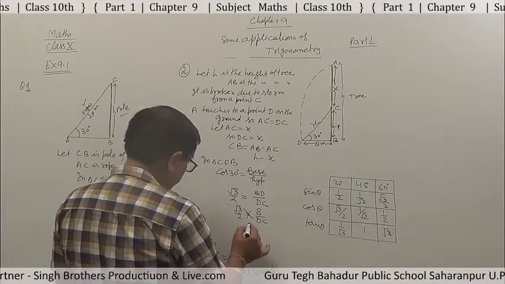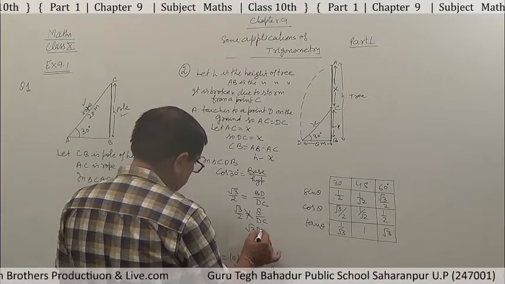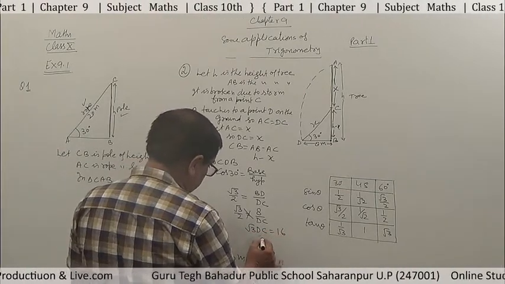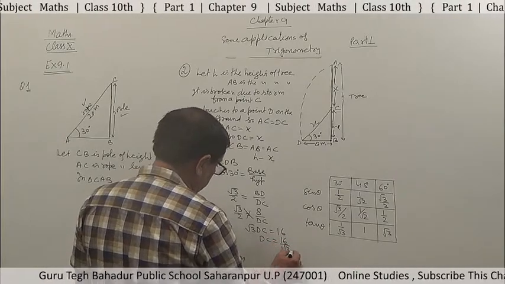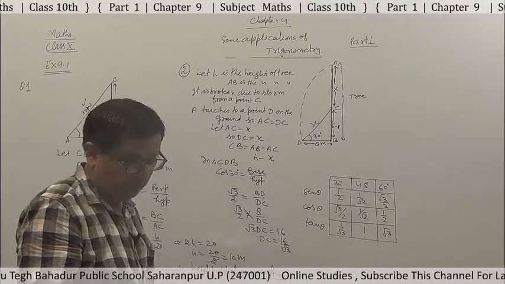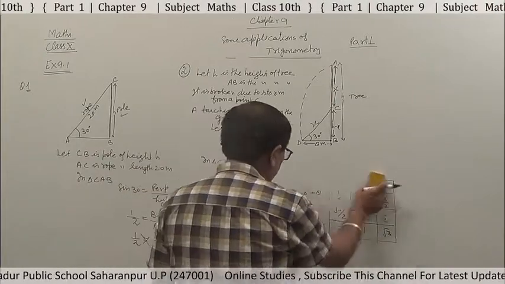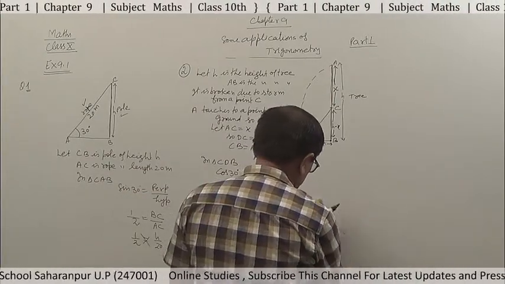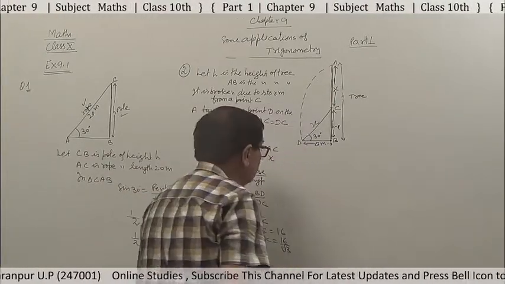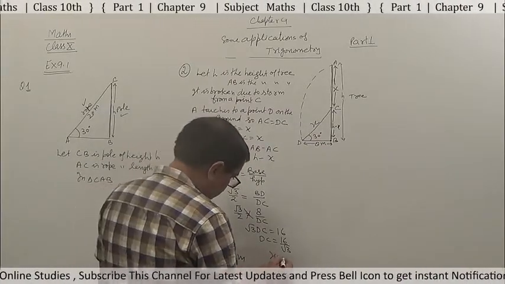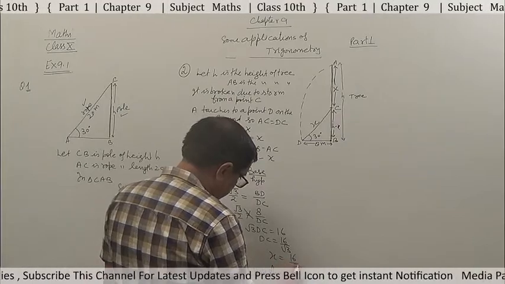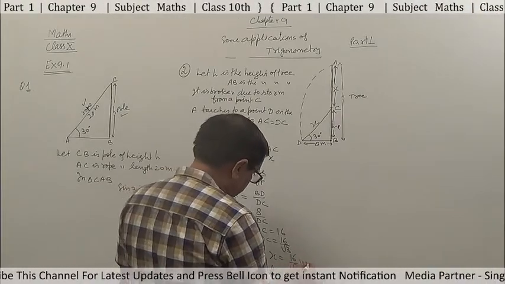Cross multiply, root 3 DC is equal to 16 and DC is equal to 16 upon root 3. That is x is equal to 16 upon root 3 meter.